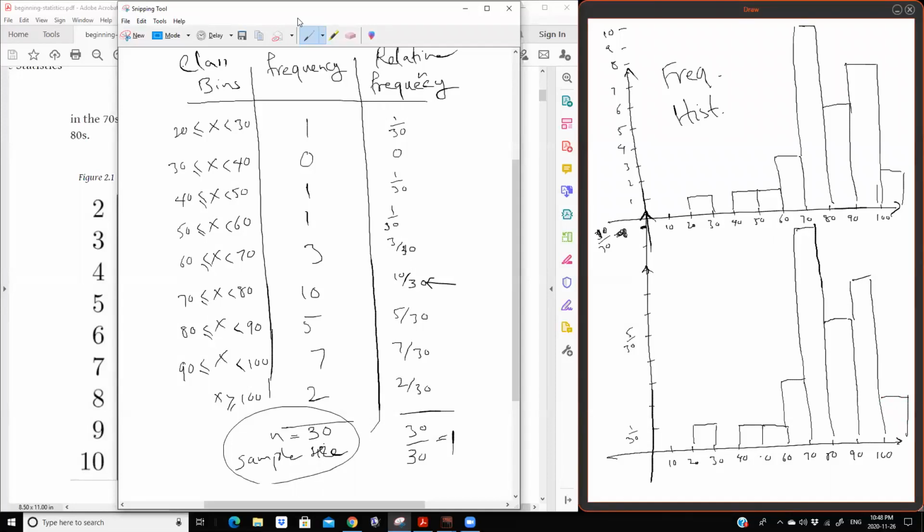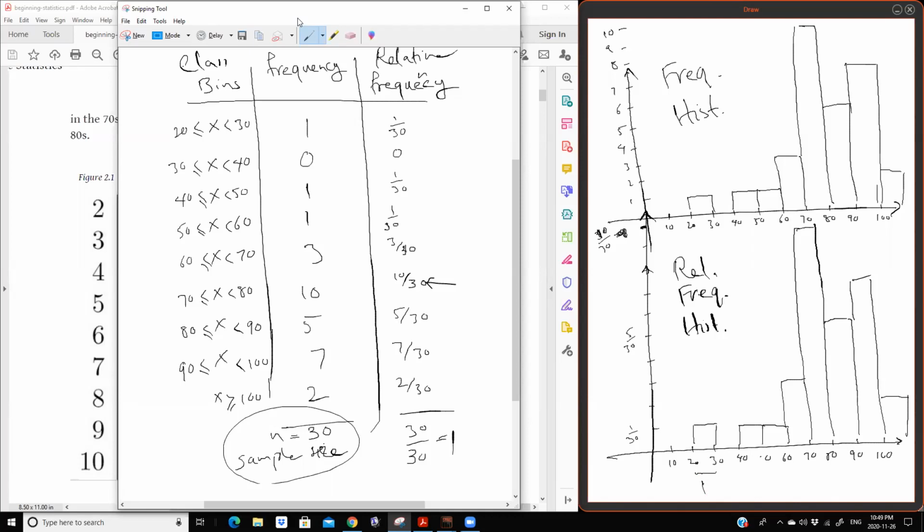When you look at these two graphs, the frequency histogram and the relative frequency histogram, they just look the same. They don't look to be very different at all. But there is something interesting about the relative frequency histogram. Imagine that from here to here is 1 unit.